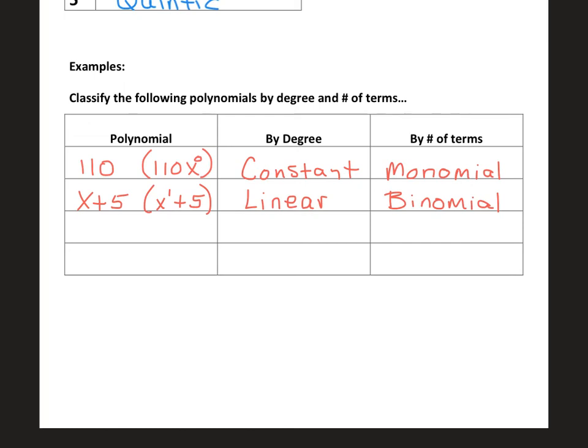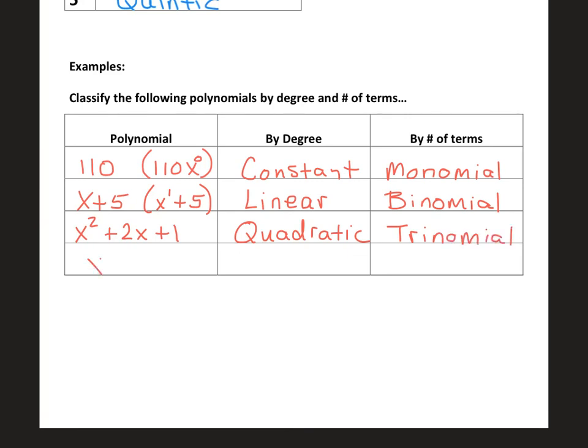Stepping it up, we can go to a power of 2, for example, x squared plus 2x plus 1. Power of 2, as we know, is quadratic. This happens to be written in standard form, and 3 terms would be a trinomial.